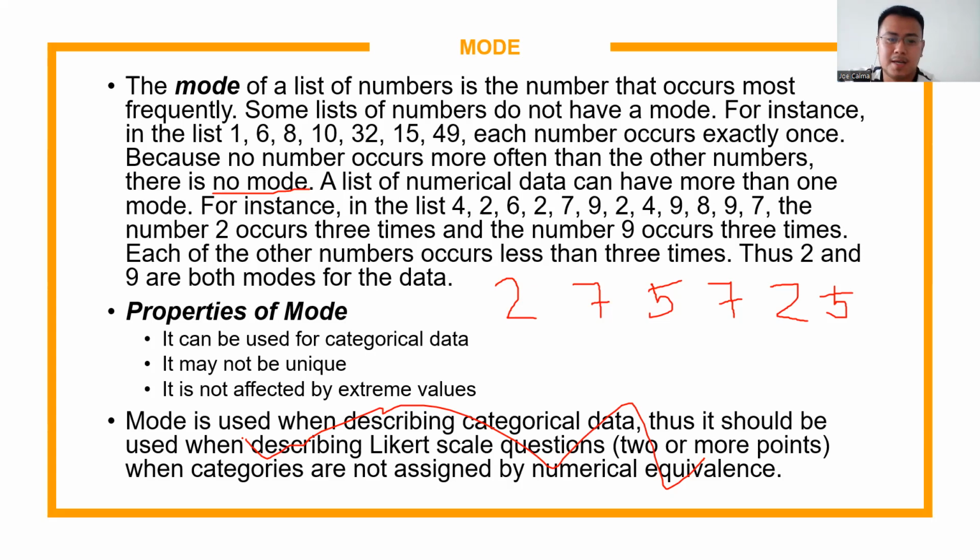It may not be unique. Ibig sabihin, pwede yung modes natin, dalawa, tatlo, apat, or mas madami. Same with the median, it is not affected by extreme values. Kahit madami kang outliers, hindi niya hihilain pababa or pataas. Unlike kay mean.